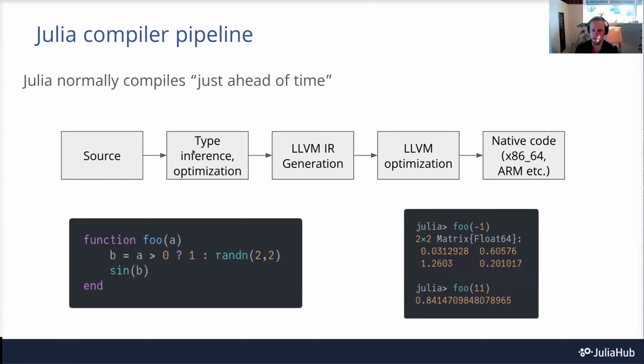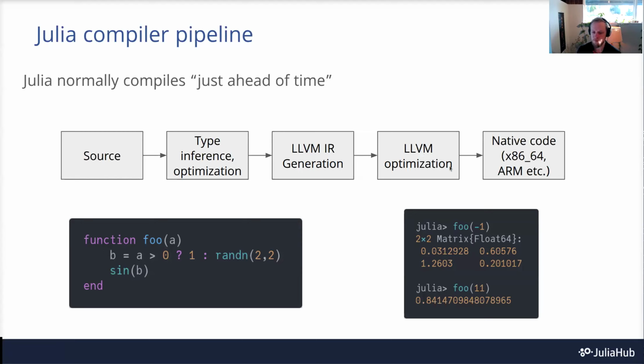Type inference is the compiler trying to figure out: if A has a certain type, what will be the type of B, and what will be the type of the result of the sign of B, and so on. Then eventually Julia calls LLVM, the low-level compiler responsible for generating the actual machine code. LLVM performs its optimization, and then in the end we have native code that executes on the processor.